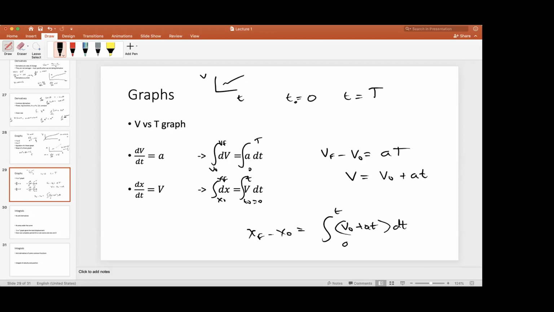If that bugs you, they're different t's. This ends up being v initial t plus a t squared over 2. Now, when we integrate, we do an antiderivative. The derivative kind of kicks down the power. The antiderivative brings it up. So an integral basically adds 1 to a power.